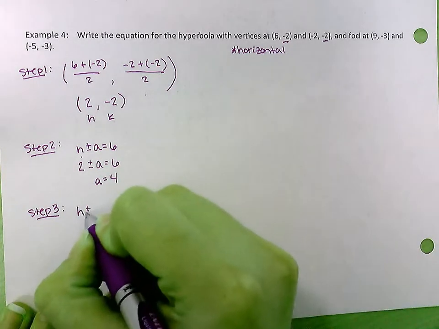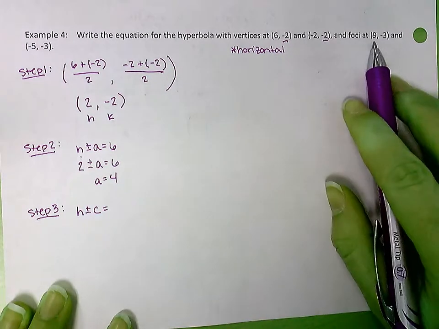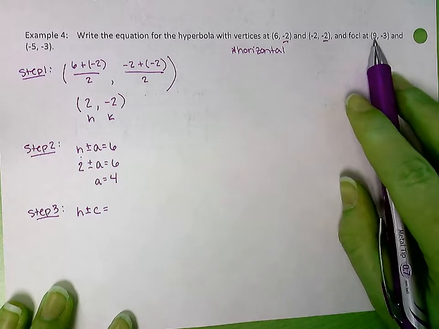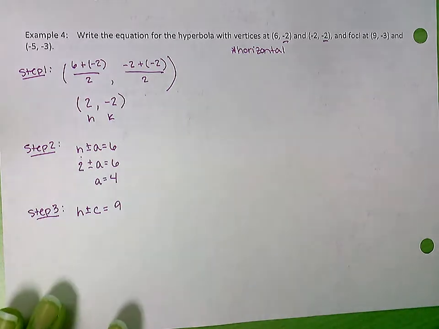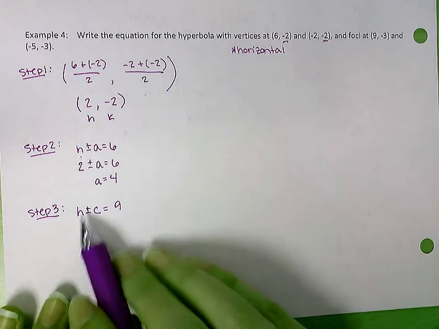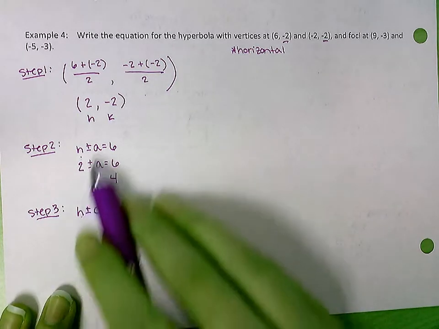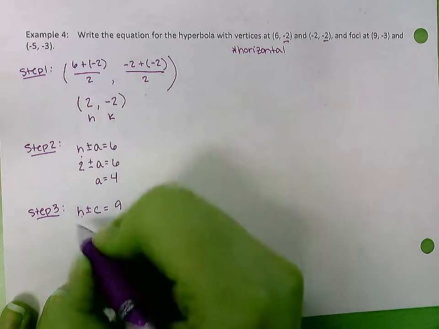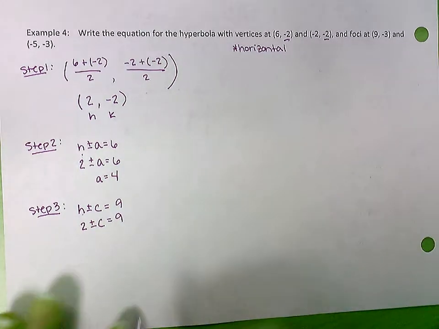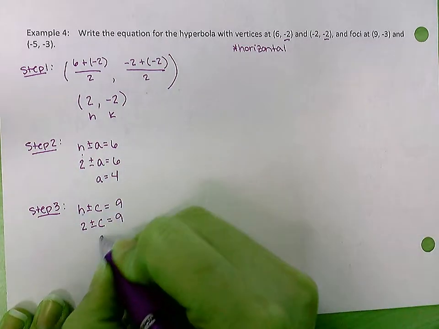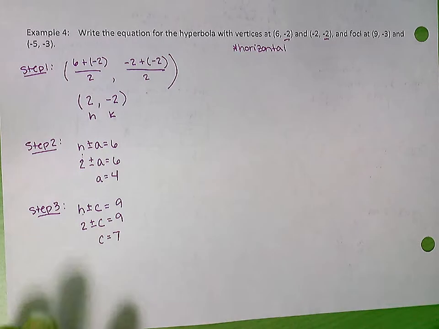So we have h plus or minus C will equal the x value. So either 9 or negative 5. Just going to choose 9. Then I can plug in h. So I have 2 plus or minus c equals 9. Subtract 2. C will be 7.